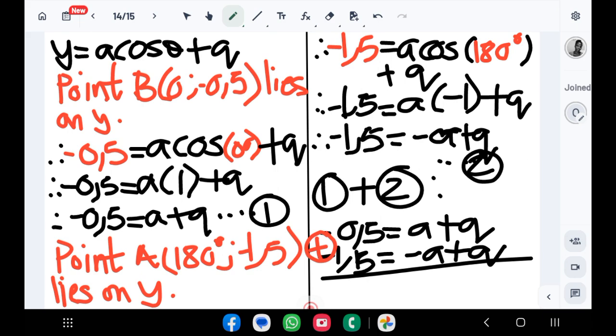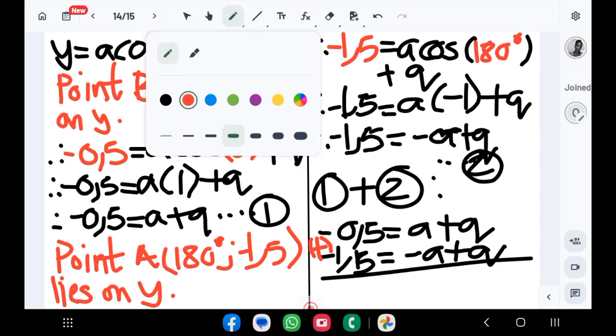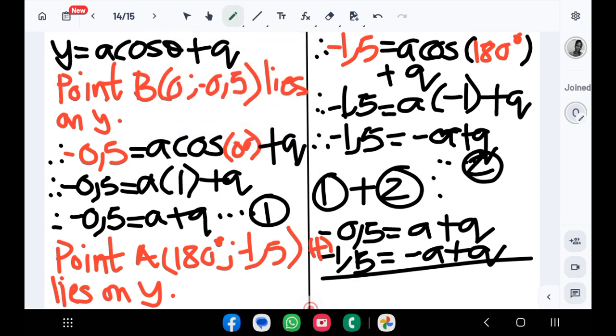Negative 0,5 plus negative 1,5, that is negative 0,5 minus 1,5, and that gives you negative 2.